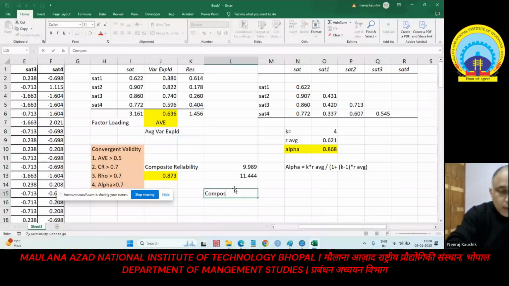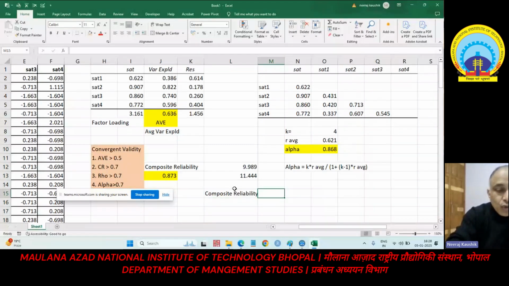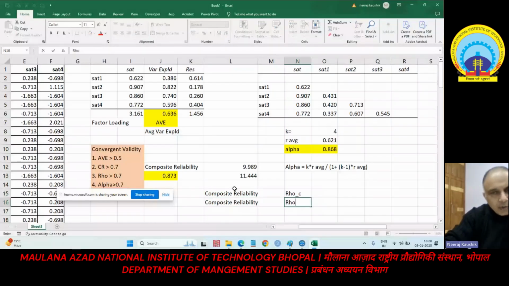Composite reliability will be called rho C. Here one more is there, composite reliability, that will be called simply rho. So we will consider both: rho C is CR and this is simply called rho.